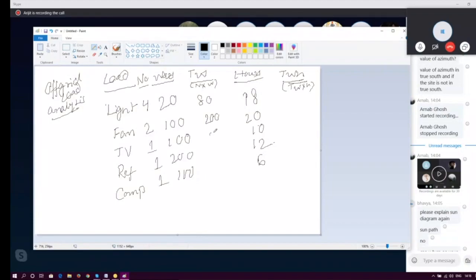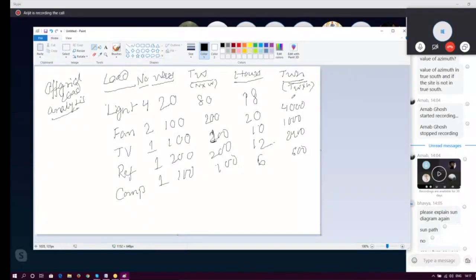So it will give us 1440 watt hour for the tube lights, 4000 for the fans, 1000 for the TV, 2400 for the refrigerator, and 600 for the computer.